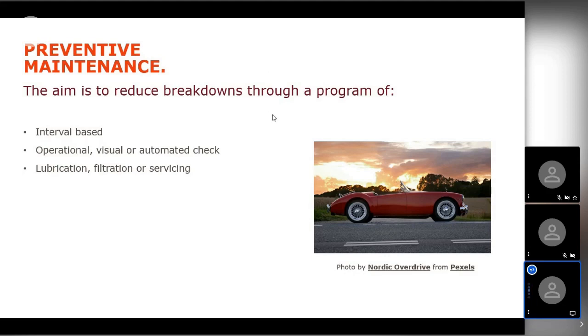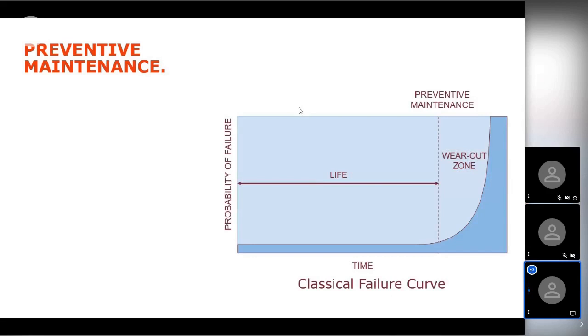Again, your MOT and servicing for your car is a great example of preventive maintenance tasks. Overhaul it if we think we need to make sure that it's going to run for another period, restore it, throw it out and replace it altogether. All of these are what we're calling preventive maintenance.